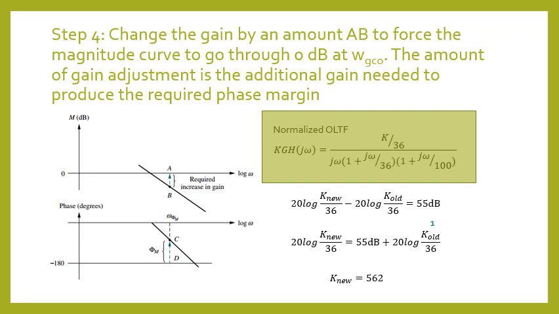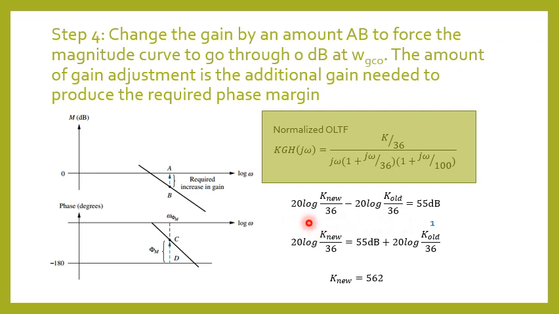To calculate the K value that will yield percentage overshoot of 9.5, we will use this formula. This formula is actually the difference between the new magnitude plot and the old magnitude plot.